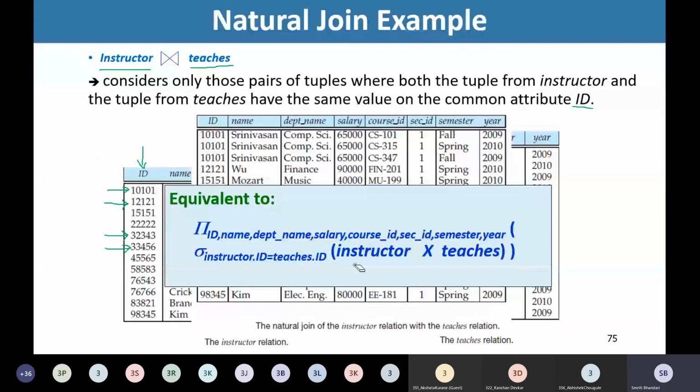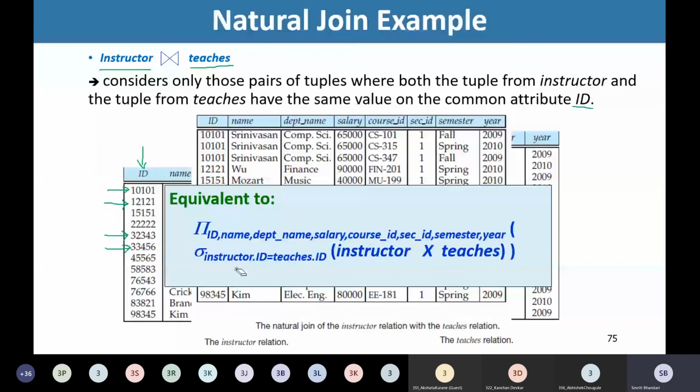So instructor cross teaches, the Cartesian product with the predicate on the common attribute, that is ID. And the outer projection operation simply lists all the unique attributes in both these relations.